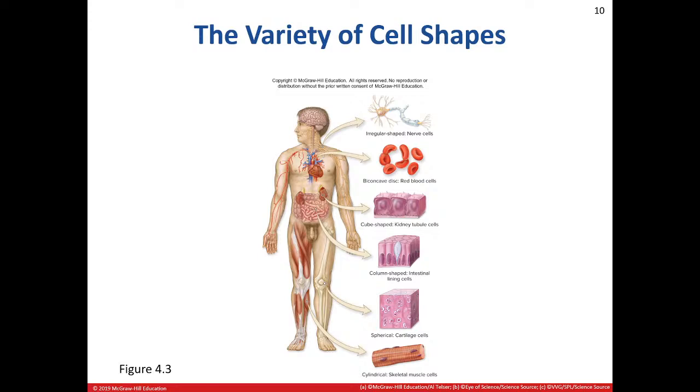Nerve cells have an irregular shape as well. I mentioned sperm earlier, but they're both pretty irregular. Then we can have epithelia that are cube or column shaped. Connective tissue tends to be spherical, as is the human egg, and then muscle tends to be cylindrical or shaped like a cylinder.